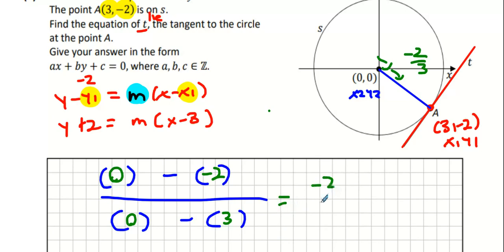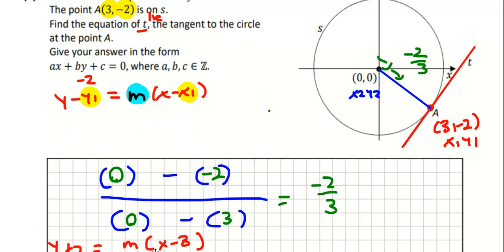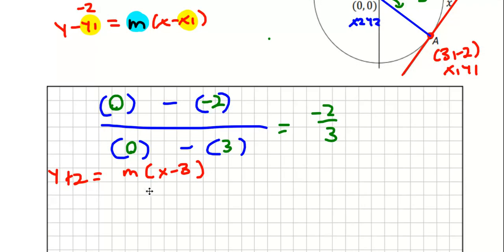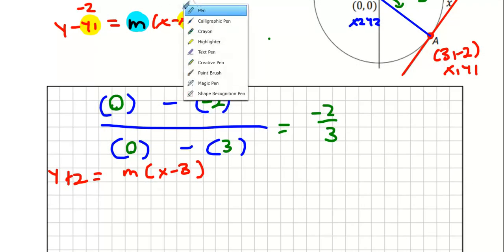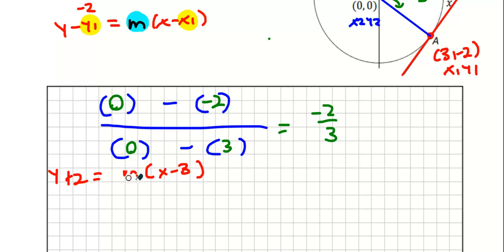Okay, so if we take this part here, you get rid of the m value, and you get 2 over 3.